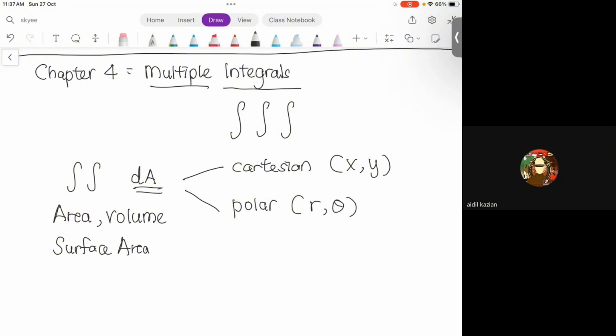Which one to use depends a lot on the structure, on the area that you want to find. If it is a round, circular shape, you will use polar. If it is like a square shape, whatever, that you can represent with xy, you will use Cartesian. Later I will explain more. So this is the first part, double integrals.